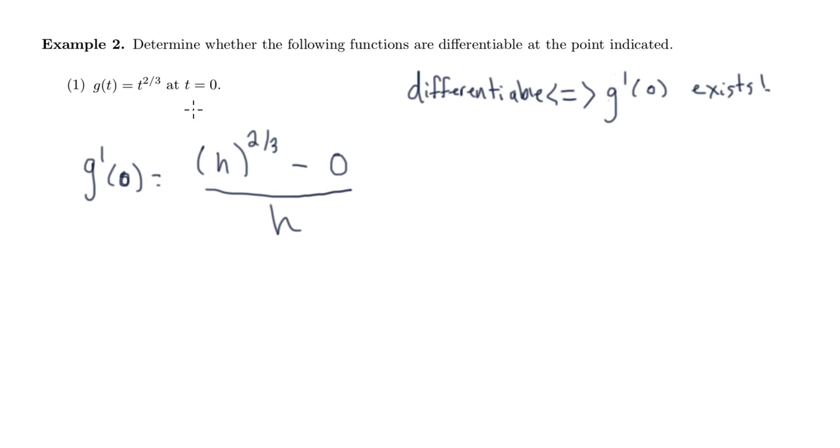And just a reminder, this is g of a plus h. This is g of a. And in this case, a is equal to 0. So I'll let you verify that. And of course, very easy to forget, we're taking the limit as h goes to 0.